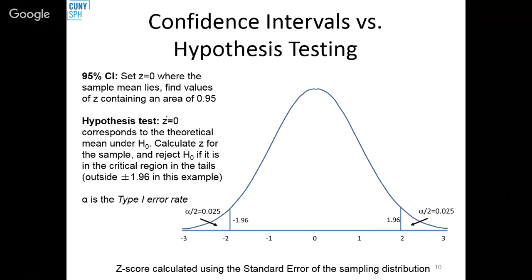And any variation around it is just due to sampling variation. So you would then calculate z for your sample and reject H0 if it falls outside of this critical region where you expect 95% of your z's to come if you were to take a large number of samples.